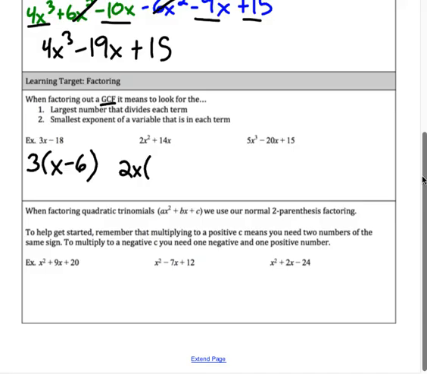So when I do that, 2x squared divided by 2x, well, 2 divided by 2 is gone. X squared, take one of those x's away, just leaves me an x. 14x divided by 2x. Well, 14 divided by 2 is 7. X, take away that only x to pull it out front. Now the 7 is just by itself.